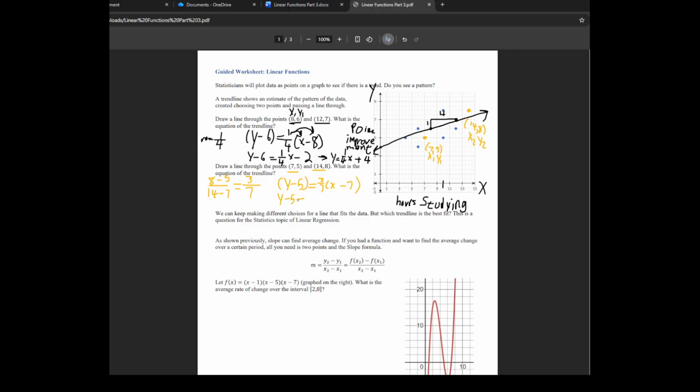Y minus 5, 3 over 7 times x is 3 over 7 x. 3 over 7 times negative 7 is just negative 3. Then we're going to add this 5 over. And our final equation will be y equals 3 over 7 x. Let's see, erase some of this.